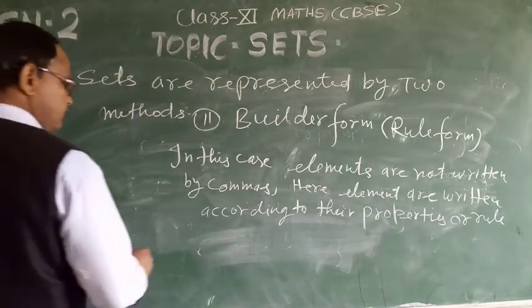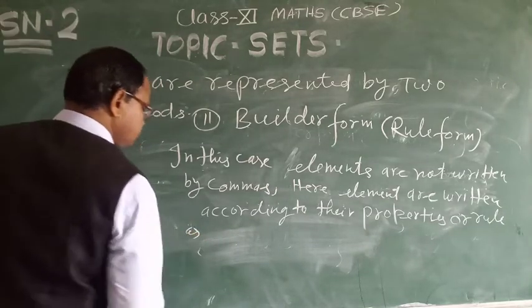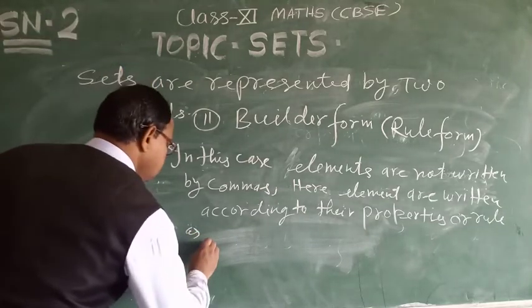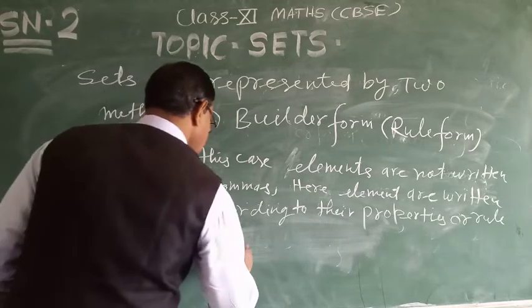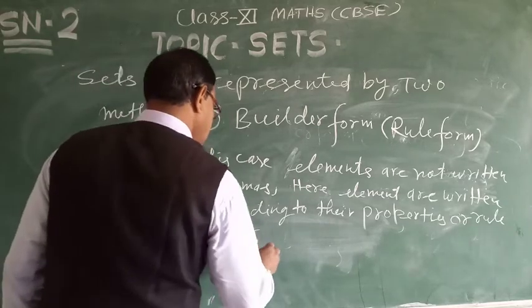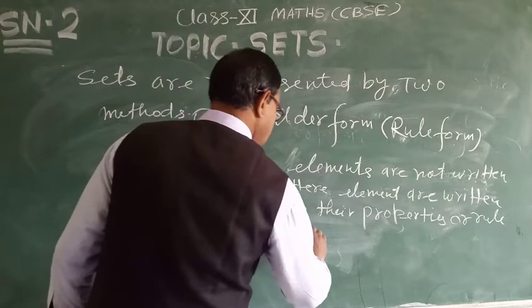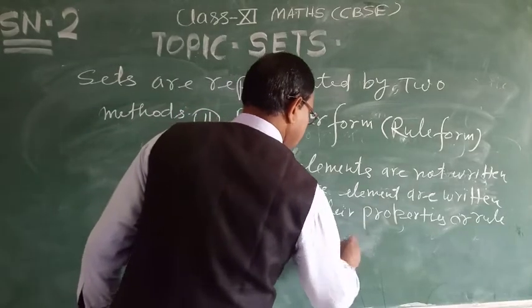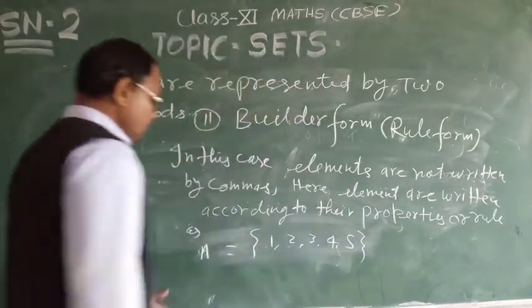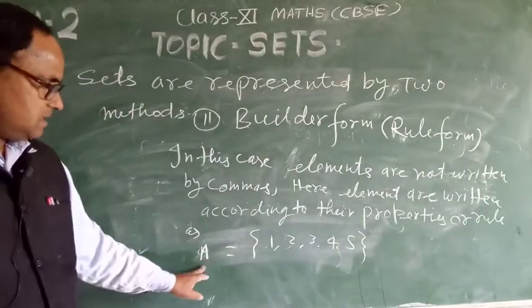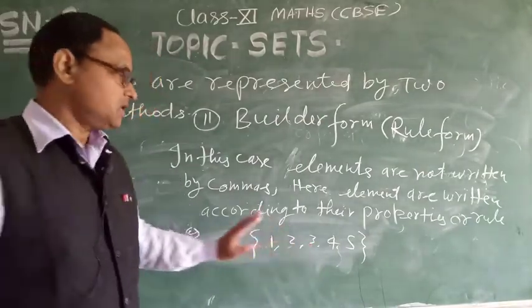Here, as let set A is equal to {1, 2, 3, 4, 5}. Okay. Here A, this is the roster form.